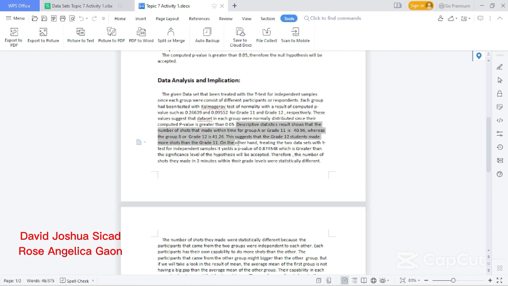On the other hand, treating the two datasets with the t-test yields a p-value of 0.874548, which is greater than the significance level, so the null hypothesis will be accepted. Therefore, the number of shots they made in 3 minutes within their grade levels were not statistically different.